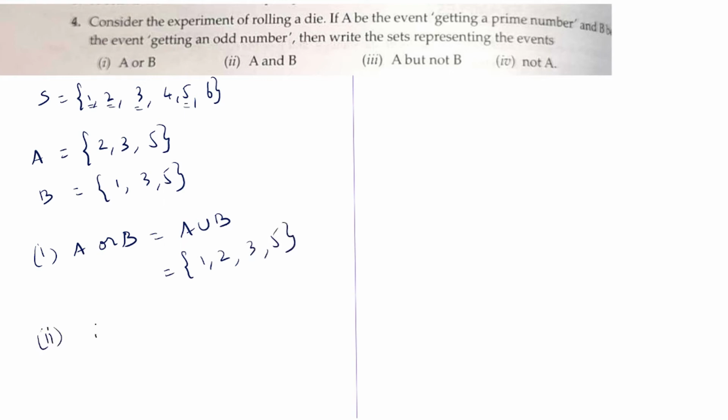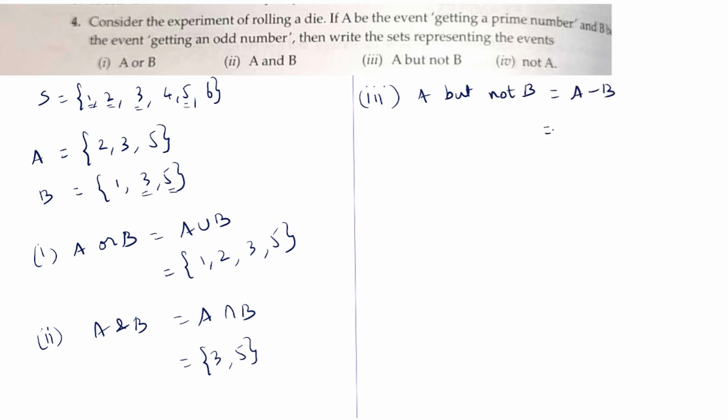Then A and B is A intersection B, which is 3 and 5, because only the outcomes 3 and 5 are common to both events A and B. The third one is A but not B, so it is A minus B, which is only 2, because the outcomes 3 and 5 are in event B. The fourth one is not A. Not A is all those outcomes in the sample space which are not in A, so it is A complement, consisting of 1, 4 and 6.